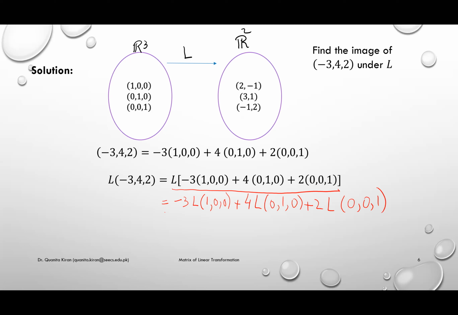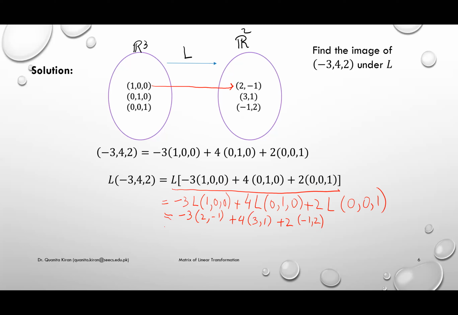And if we simplify this by substituting the value of L(1, 0, 0), that is, the image of (1, 0, 0) under L is given by this vector, we can say that this equals -3 times (2, -1) plus 4 times (3, 1) plus 2 times (-1, 2).